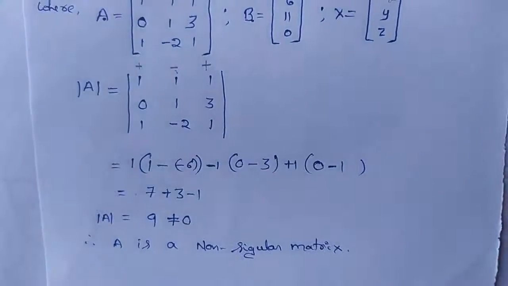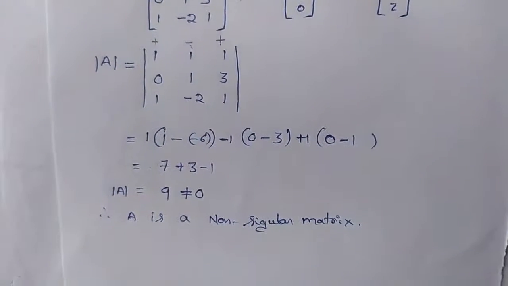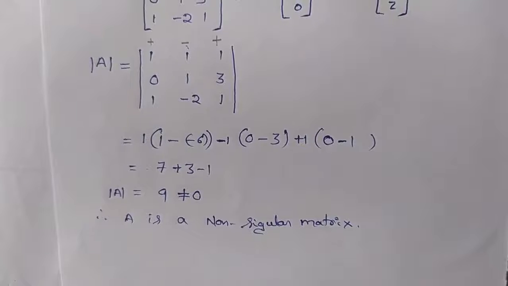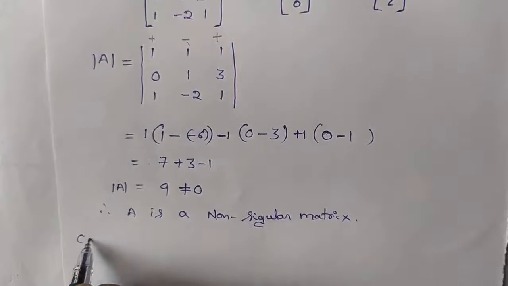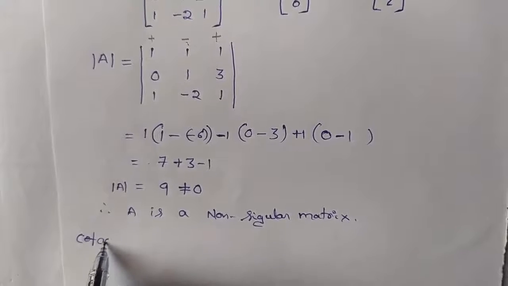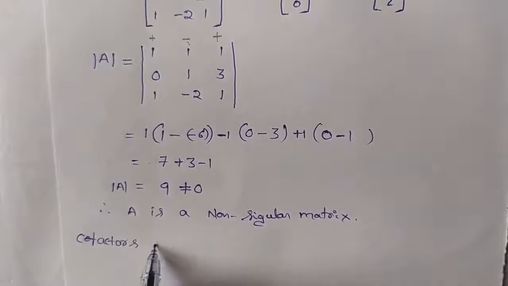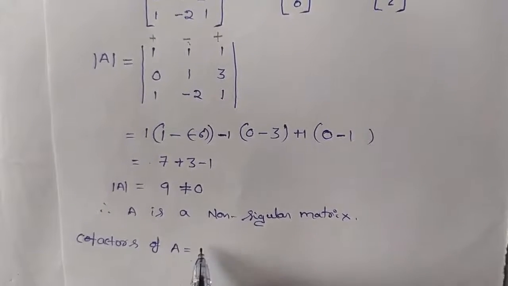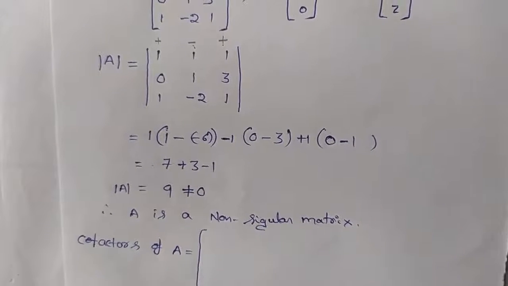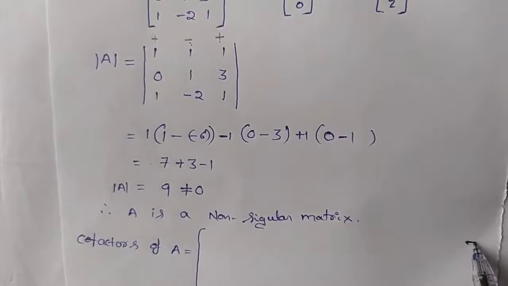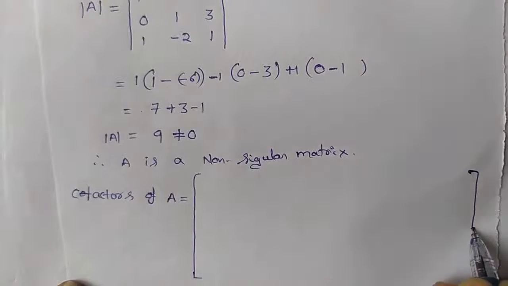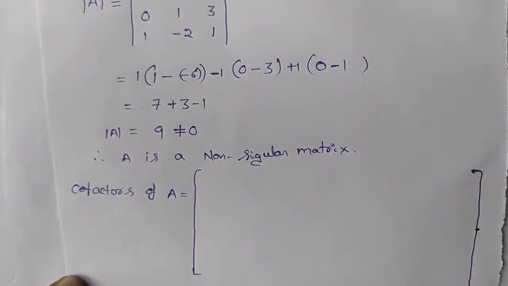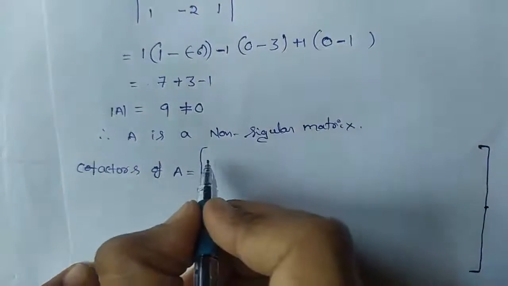Now we found the determinant of A. Now let us find the cofactors of the matrix A. Cofactors of A equals: for this, write one matrix with signs.